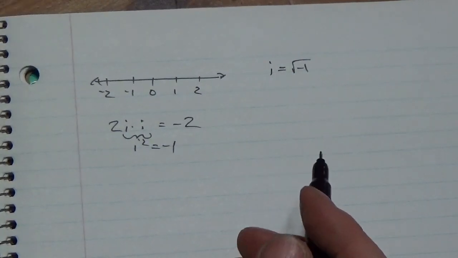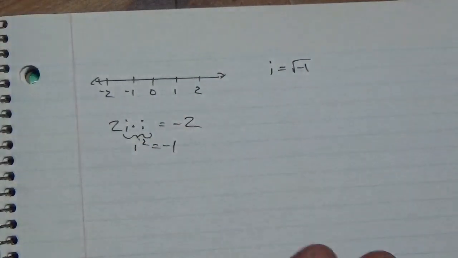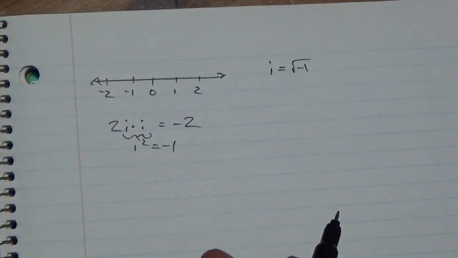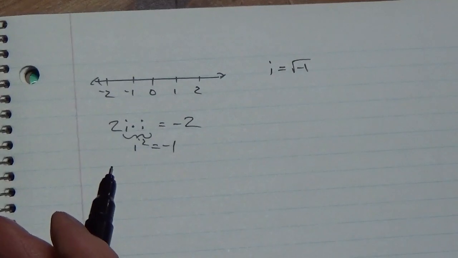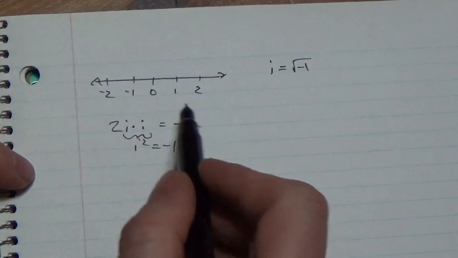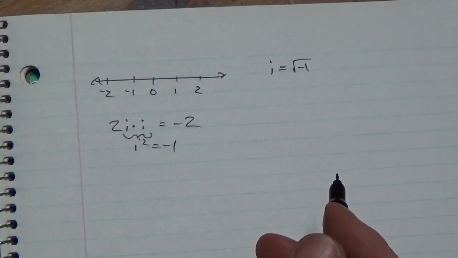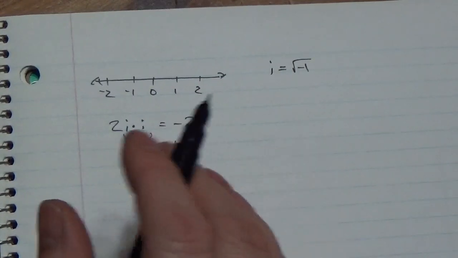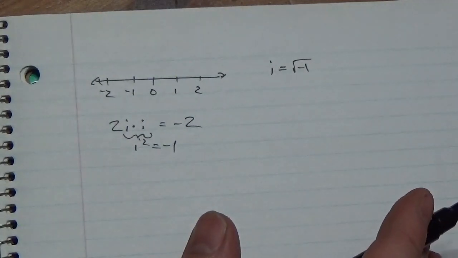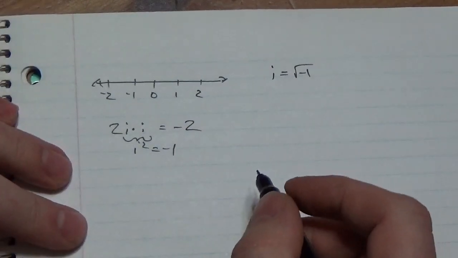Bear in mind here that because it's related to the -1, this is going to affect the direction, not the magnitude of the value. When I multiplied by 2 i's, I didn't change the magnitude of the value, I simply changed the direction. But notice I had to do it twice. So because it's related to the negative, it's going to affect the direction, but I needed to do it twice to get the full 180 degrees.